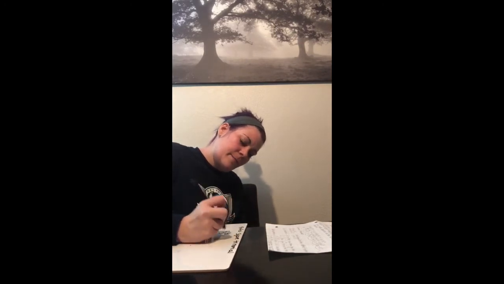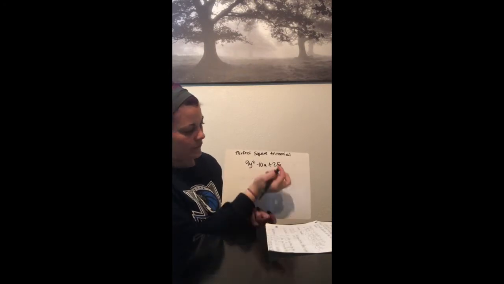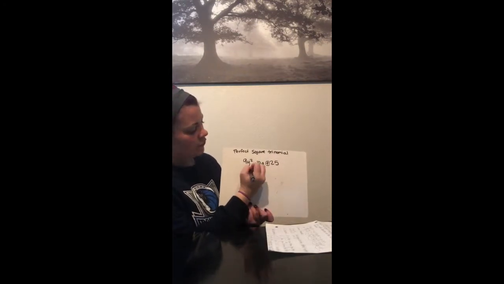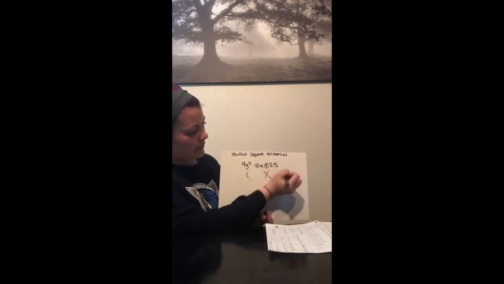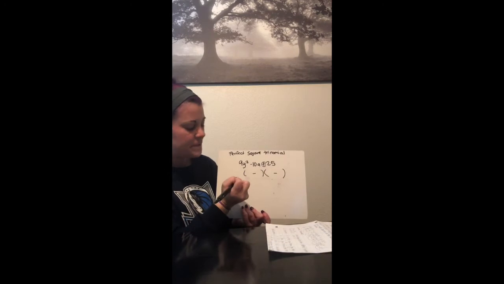9y squared minus 10a plus 25. So again, we know that 9y squared is a perfect square. We know that 25 is a perfect square. This is addition. So we can put them into two binomials. Look at the middle term to see what operation, so it's subtraction. Take the square root of 9y squared.